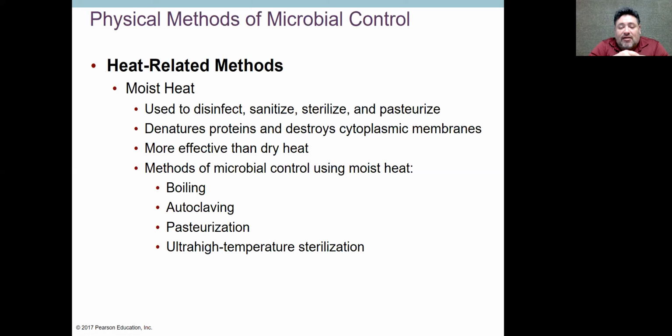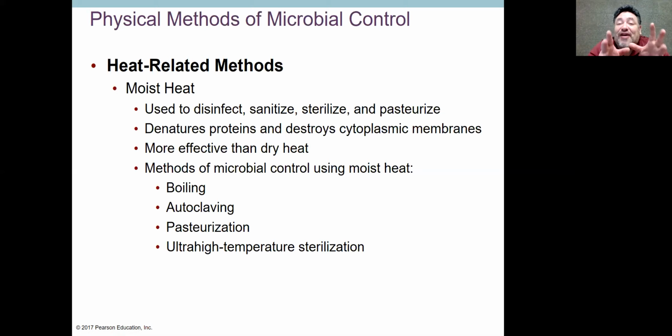121 Fahrenheit for 15 minutes. So high temperature, high heat, high humidity, and then for a good amount of time, 15 minutes. When that happens, just about everything dies, okay? There are exceptions.